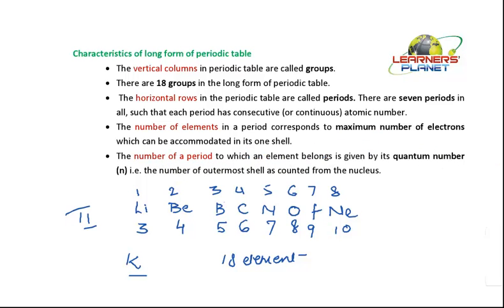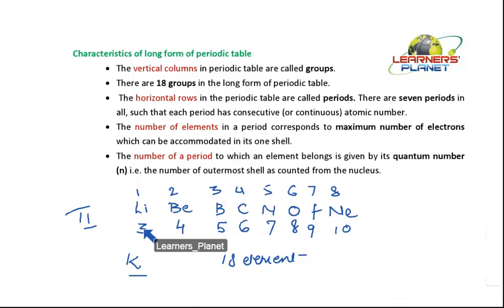The next point is that the number of the period to which an element belongs is given by its quantum number, that is n, the number of the outermost shell as counted from the nucleus. Say lithium, beryllium, boron, carbon, nitrogen, oxygen, fluorine and neon belong to the second period.